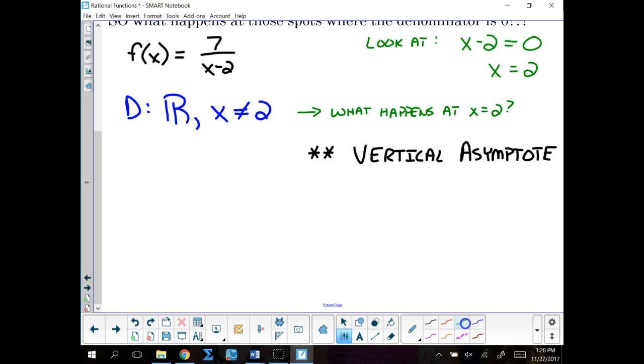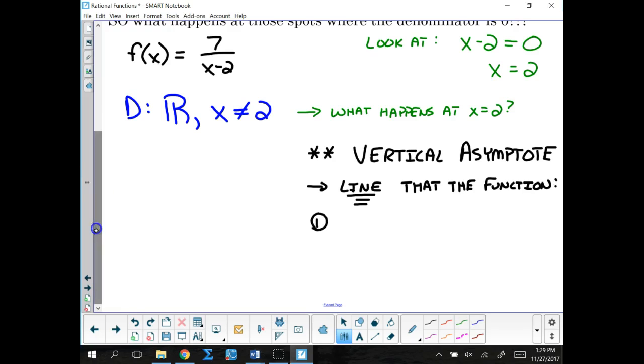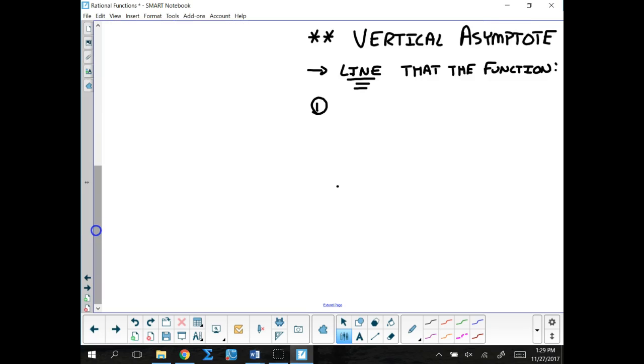Okay? Vertical asymptotes. So, what is a vertical asymptote? We've determined that it is a line, correct? That our function does not cross.